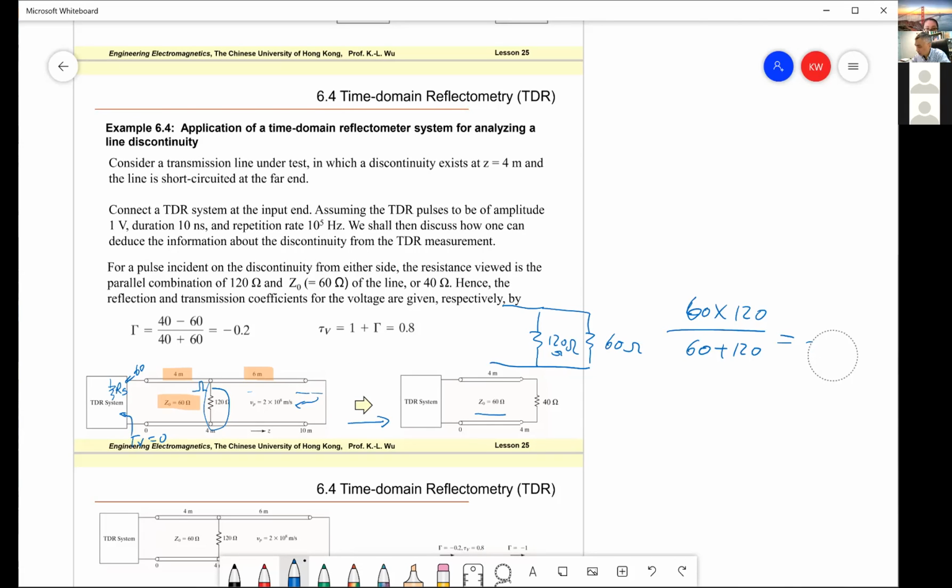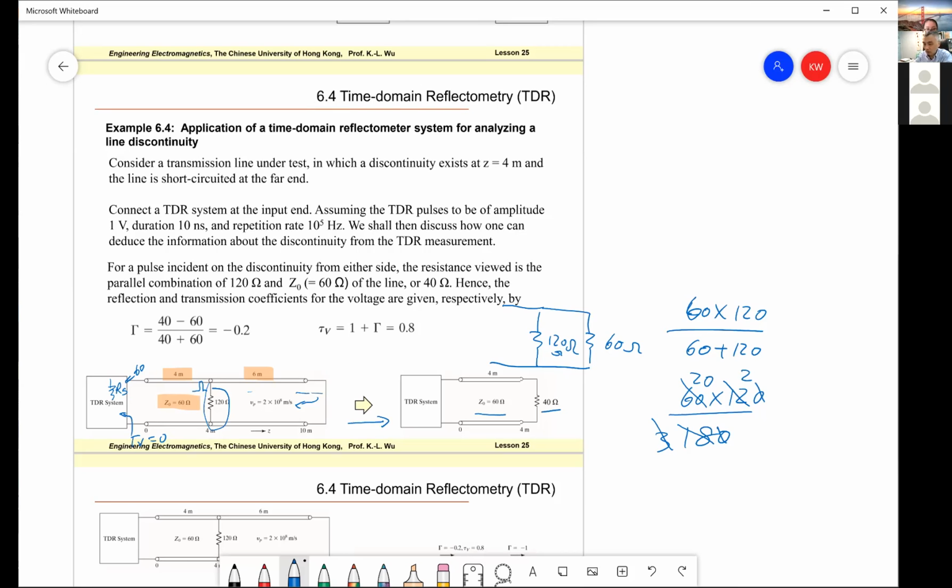Oh, sorry. So this is 180, and 60 times 120, right? And what's that? Okay, so that equals 40, right? That equals 40.